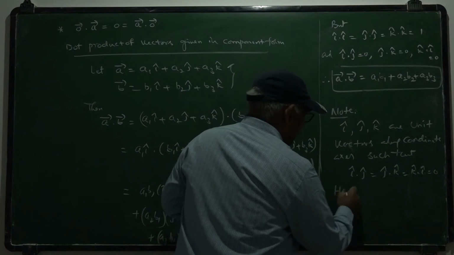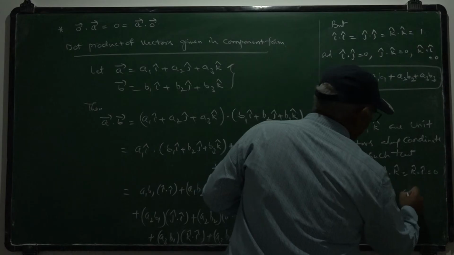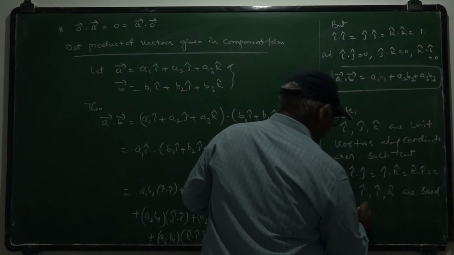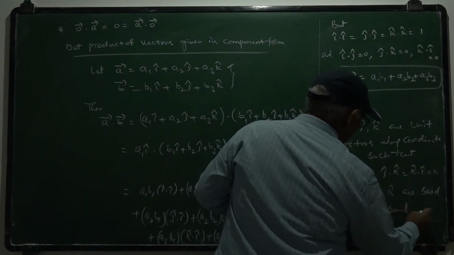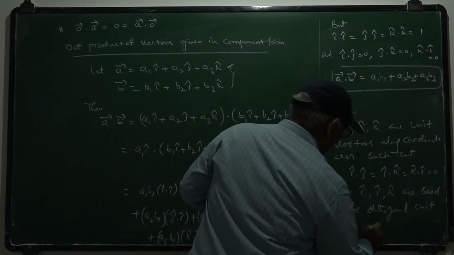So here, hence I, J, K are said to be orthogonal unit triad vectors.